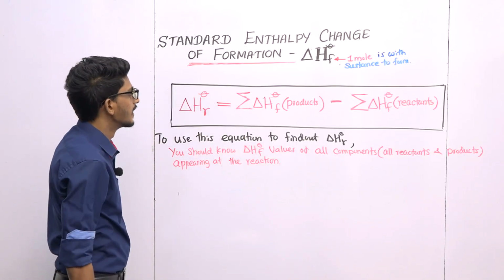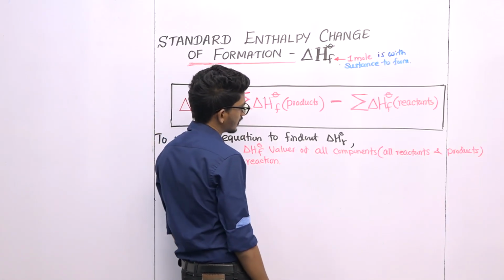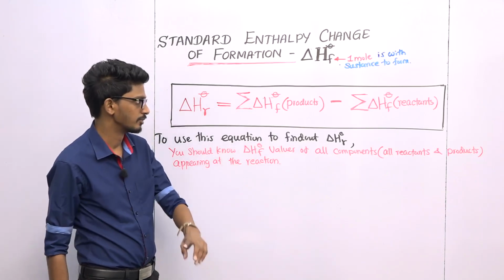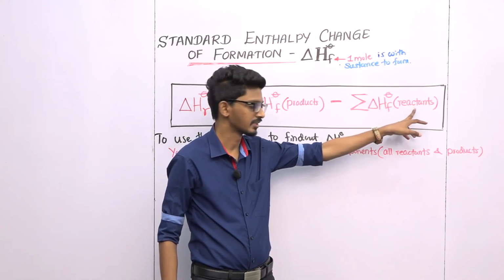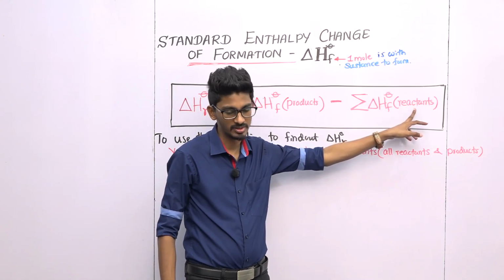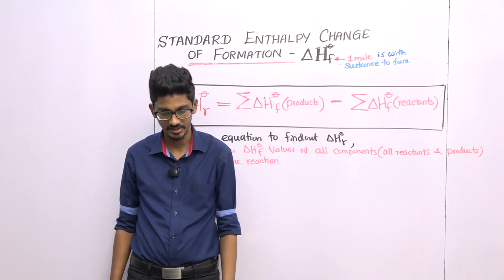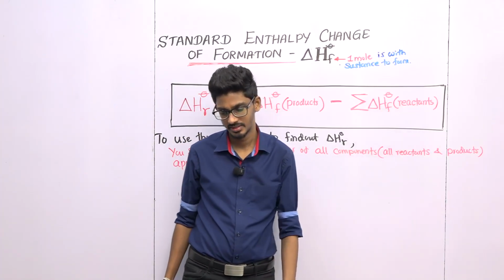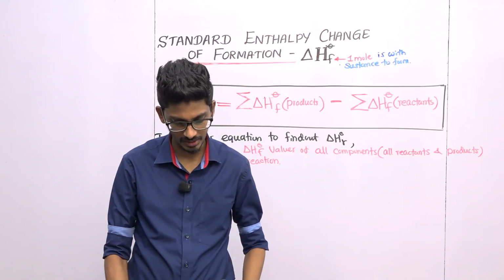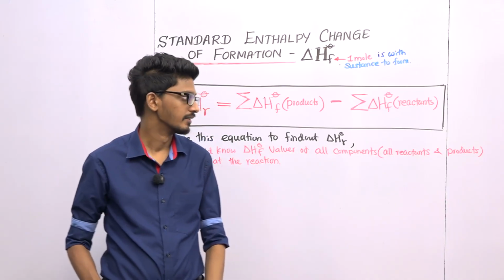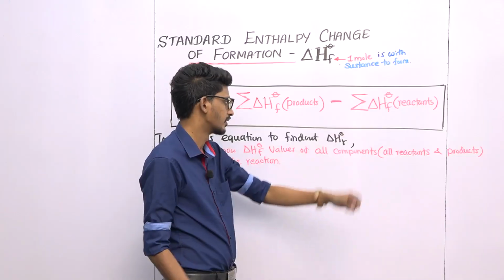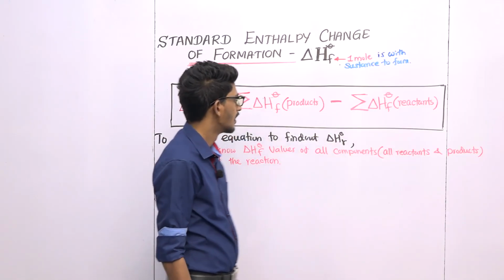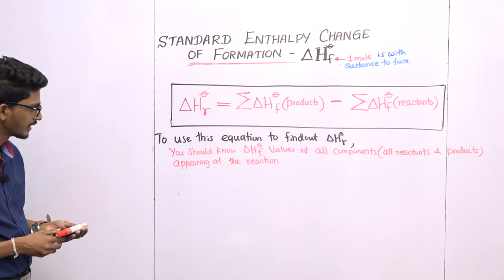Anyway, it should be corrected as delta H naught F of reactants. There's a printing mistake showing reaction. It is not the reaction, it is delta H naught F of reactants. The same problem appears in the answer as well, and it should be corrected as reactants. Okay, let's write it here.